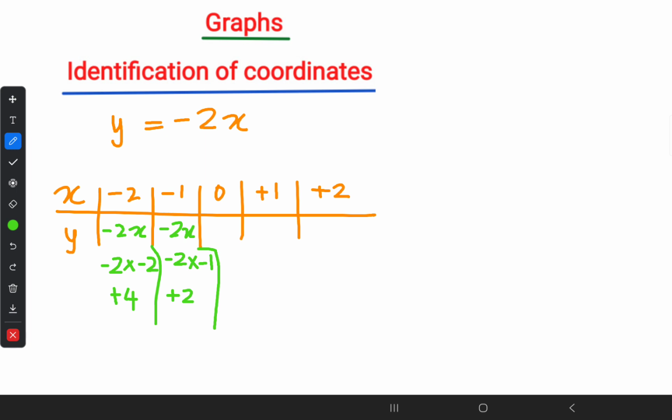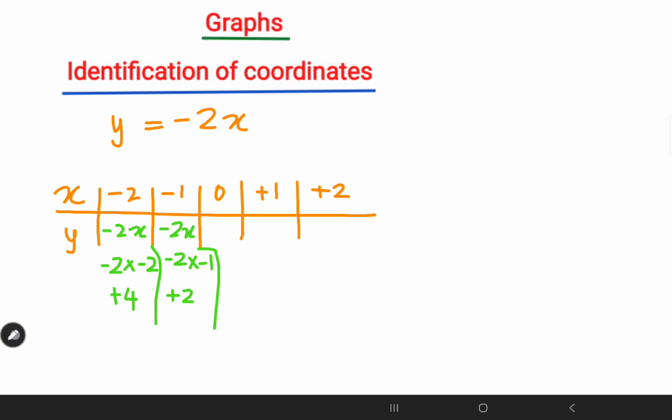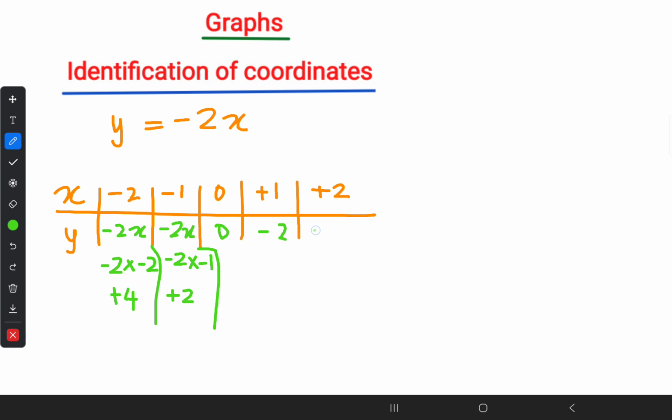Likewise, you have to find all the coordinates. Other coordinates would be: when we substitute 0 here, -2 times 0 becomes 0. -2 times 1 is -2, and -4. Then the coordinates are -2, +4.